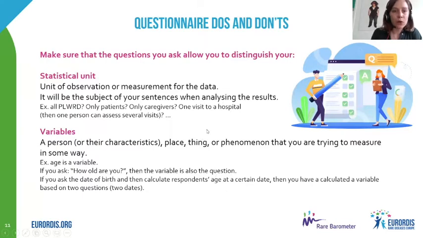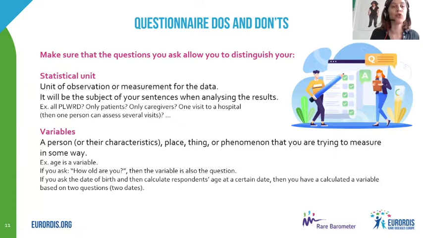And also, when you are writing your questionnaire and the questions that you ask to people, make sure that those questions allow you to know, it's a big word, which is just to say your unit of observation or measurement for the data.